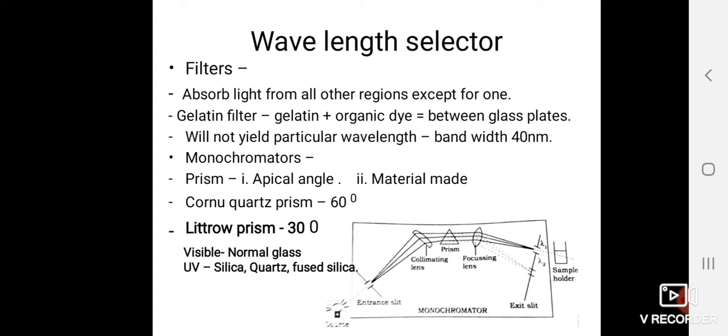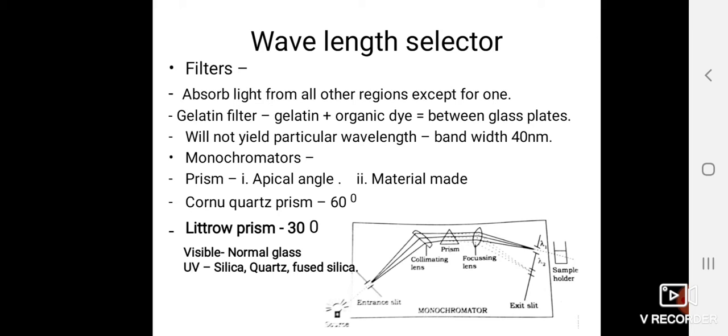This type of filter gives about 40 nanometers width of wavelength of electromagnetic radiation. That means the light which passes out of these filters falls into 40 nanometers, not just within a range of 40 nanometers.